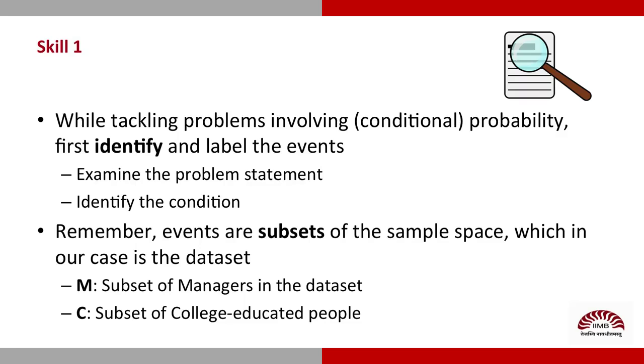Thanks. When it comes to conditional probabilities, there are two survival skills we must pick up. One is to identify the events that go into constructing them. Look closely at the problem statement and then you will find them. Let's call M the event that a person chosen from this data set is a manager. And let C be the event that someone from this data set is college educated.